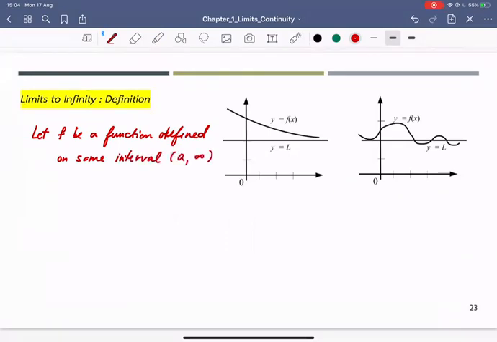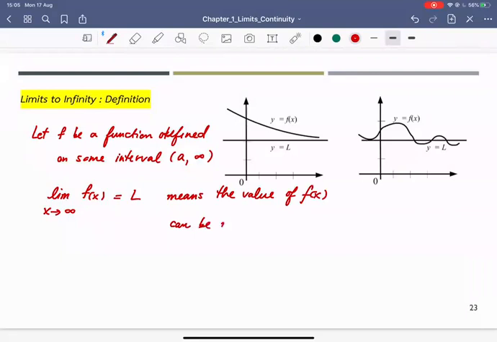We say that the limit of f(x) when x approaches infinity equals L. This means the value of f(x) can be made arbitrarily close to L by taking x to infinity. So what does it mean?